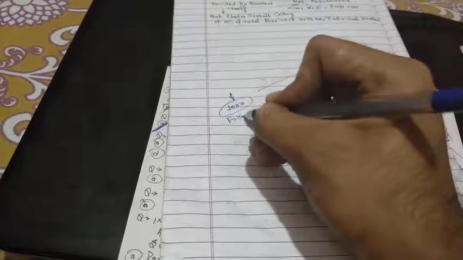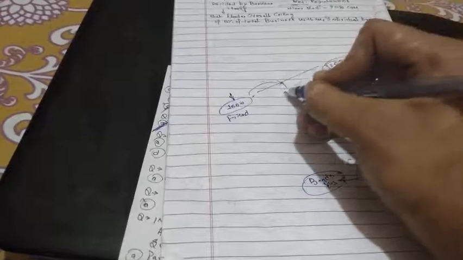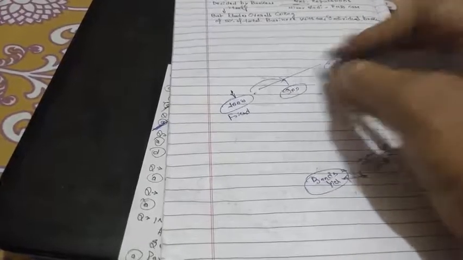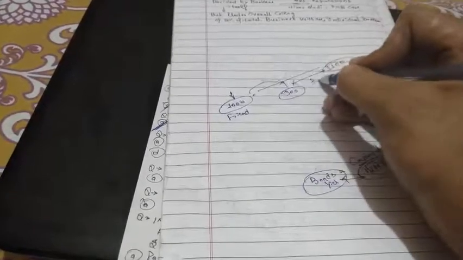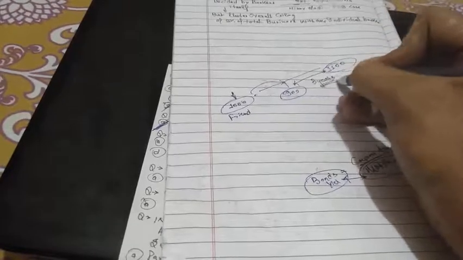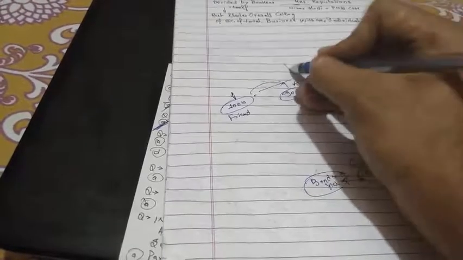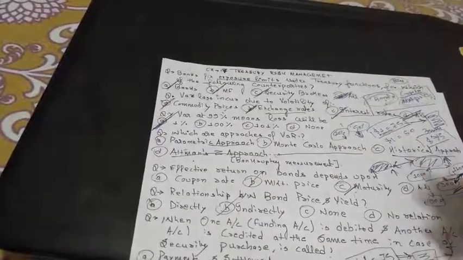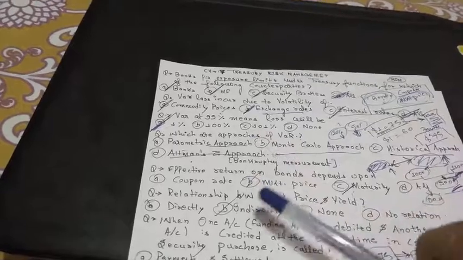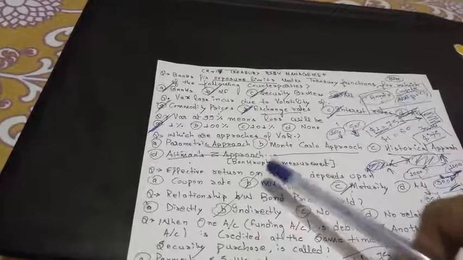Your friend doesn't want to keep this bond, so after 2 years he sells it to you in the stock market, and you buy it at 900 rupees. So you still have 3 years to keep the bond, and you will get the coupon amount every year. So it is asking what the effective rate of return on bonds is.